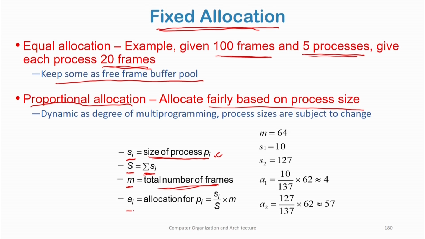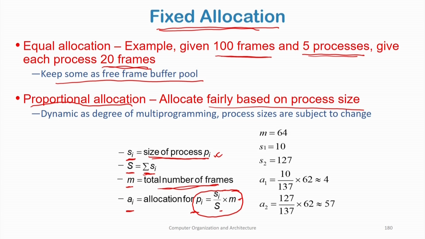Then the number of frames Ai allocated to process Pi will be given by Si divided by capital S, times M. So, I allocate a number of frames proportional to the size of the process.